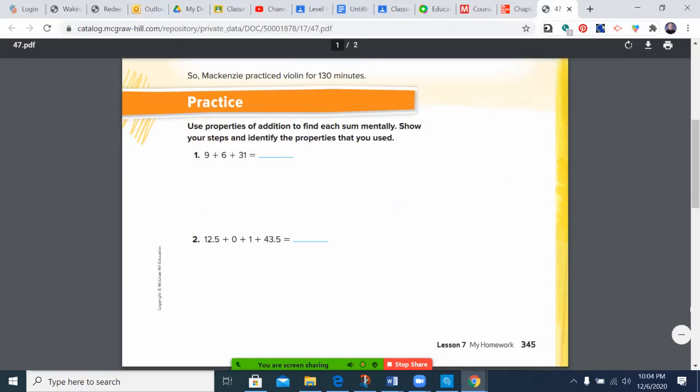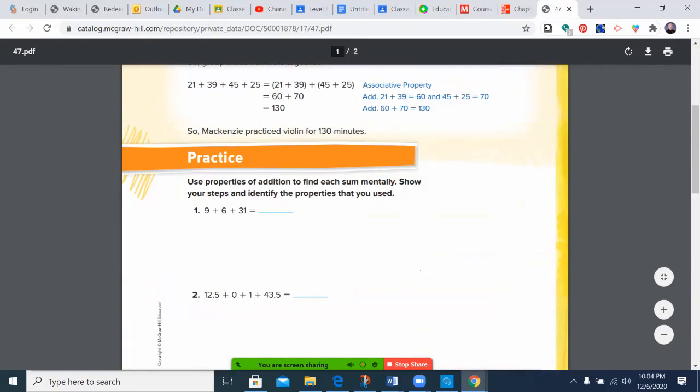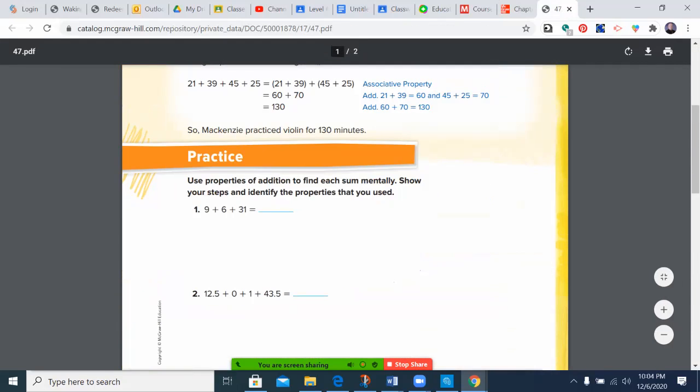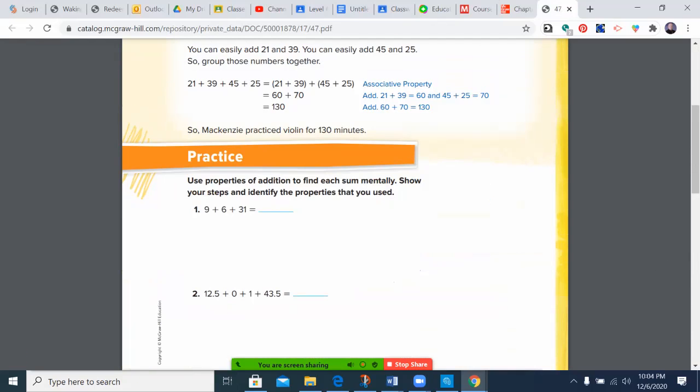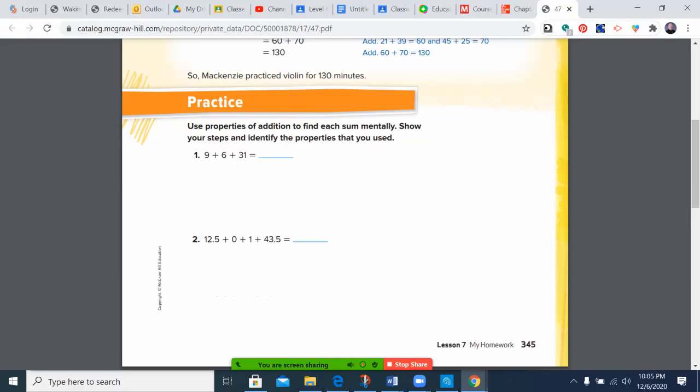All right, so let's look at the assignment today. In here, use properties of addition to find each sum mentally. Show your steps and identify the properties that you used. The easiest way to do this assignment is actually probably with paper and then taking a picture of both sides and sending it to me via your email account to mireland@psychchipschool.net.